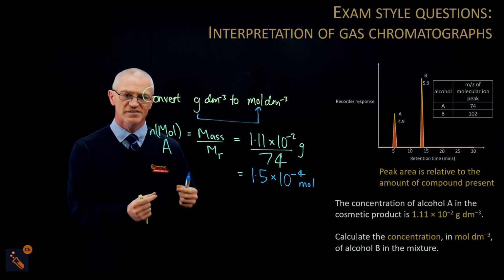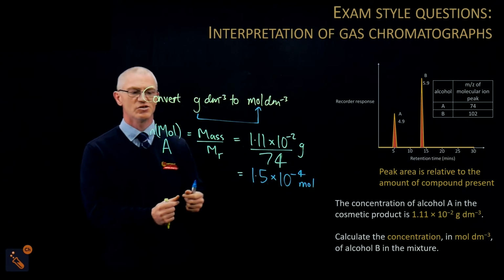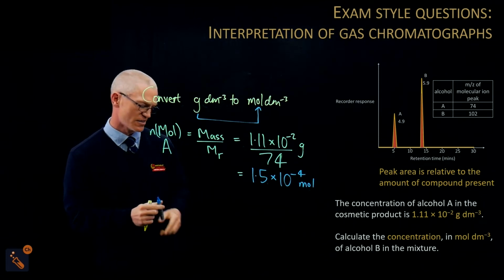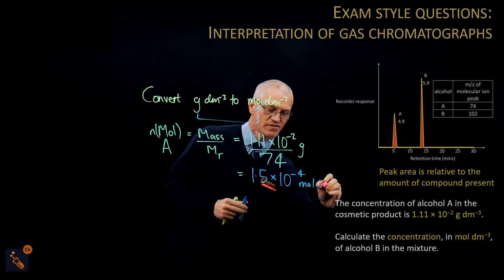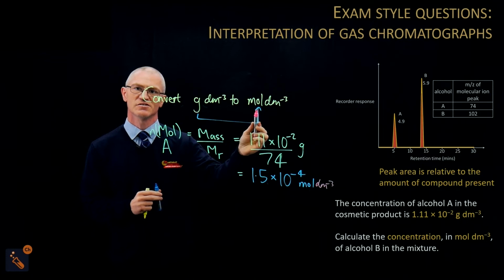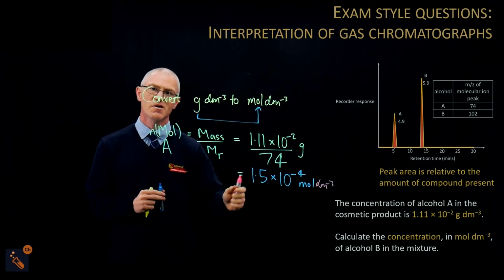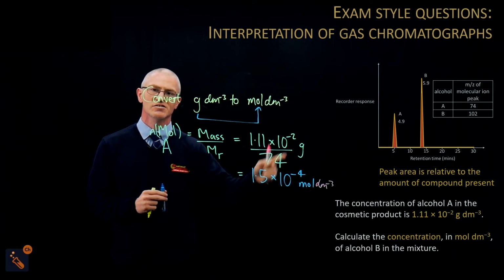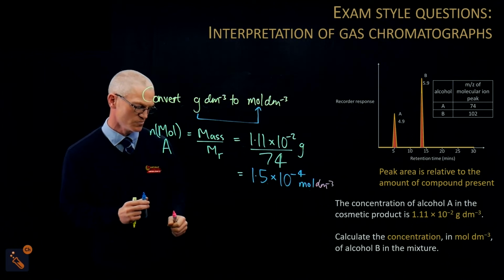Because there's 1.5 times 10 to the minus 4 moles of A, we can just add the moles per decimeter on the end. We're just converting the grams to the moles, we never change the decimeter, so we can just add that on the end. So the concentration of A is 1.5 times 10 to the minus 4 moles per decimeter cubed.